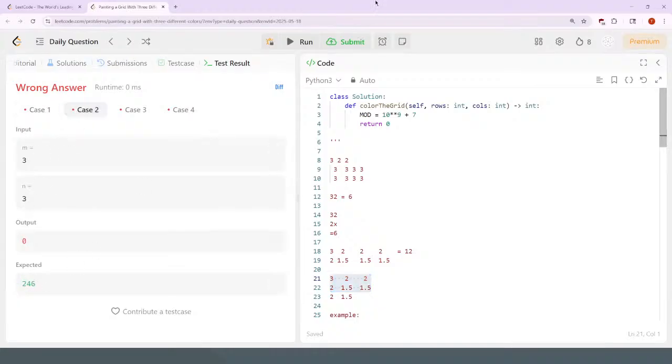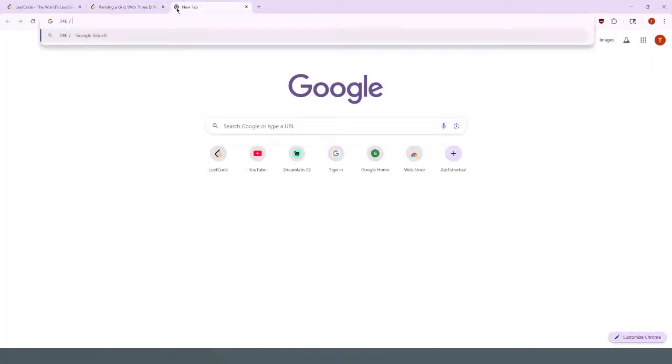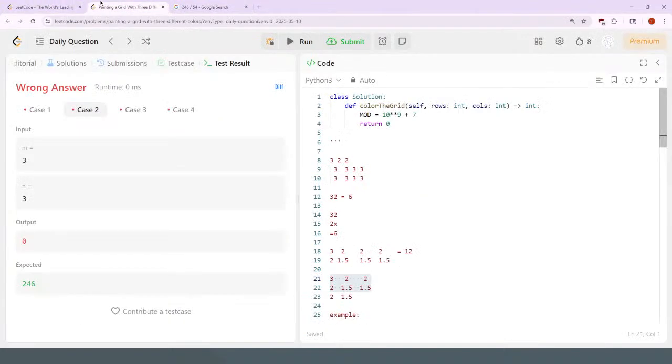3 by 3 is 246. 246 divided by 54. 4 and 5/9. What the hell? You know you screwed up when your answer is 4 and 5/9. What the hell? 4 and 5/9.